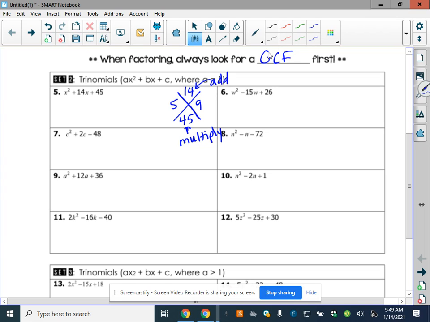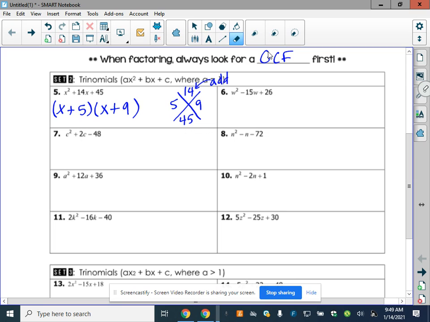So I'll put them there. Then I can go straight to my answer. Remember, you're factoring, so you're coming up with a multiplication problem to give you the answer. I look at that first term and it's x squared, so that's x and x. Then I take my factors from the x puzzle, which is 5 and 9. So x plus 5, x plus 9 is my final answer.